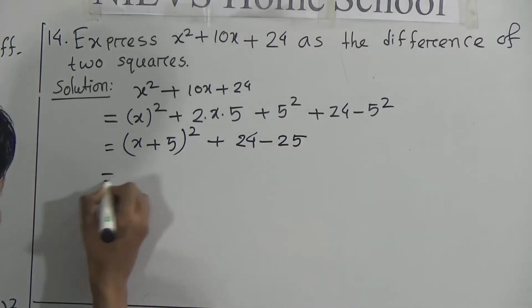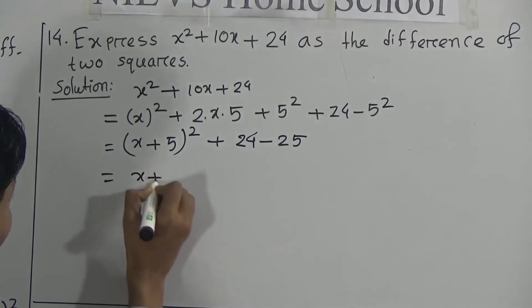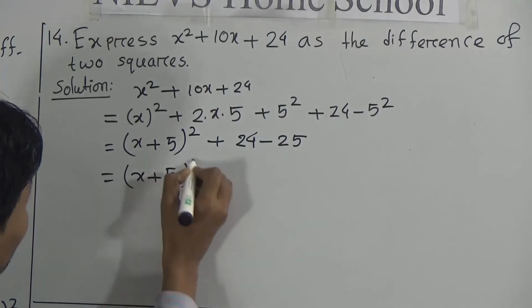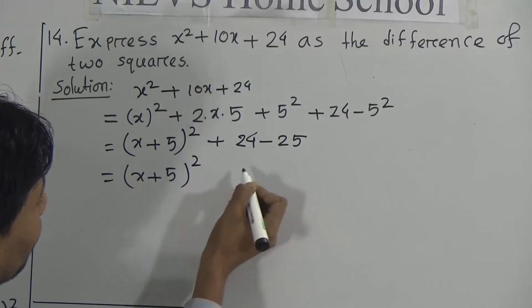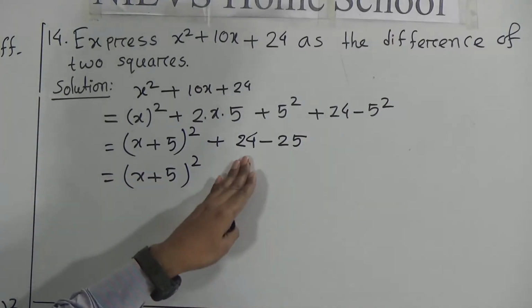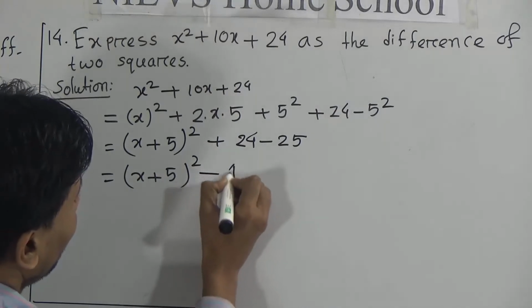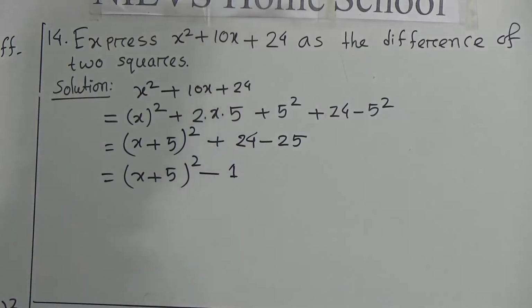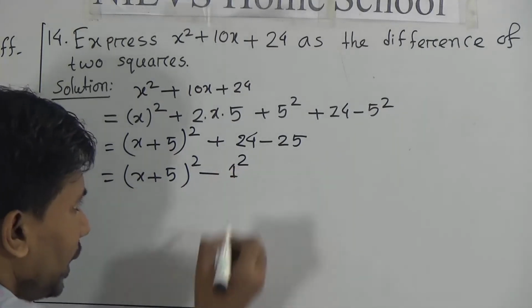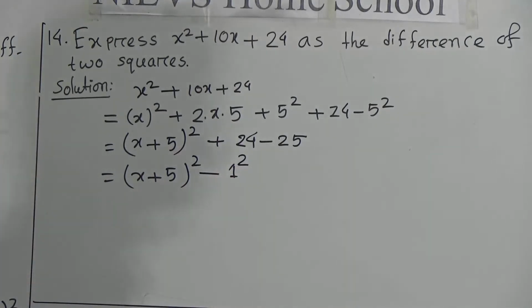Now subtract it from x plus 5 whole square: 24 minus 25, calculate, then we get minus 1. If we take the square, its value remains the same, because 1 square means 1 into 1, that means 1.